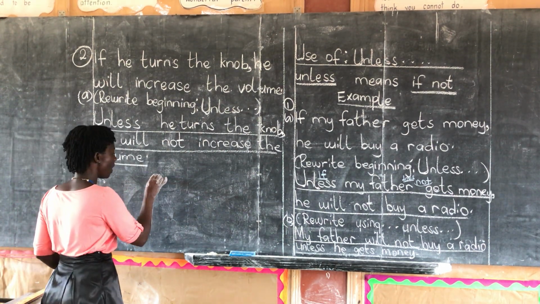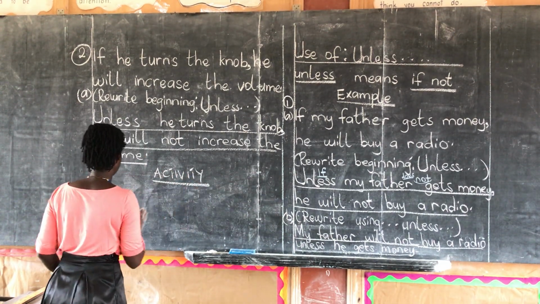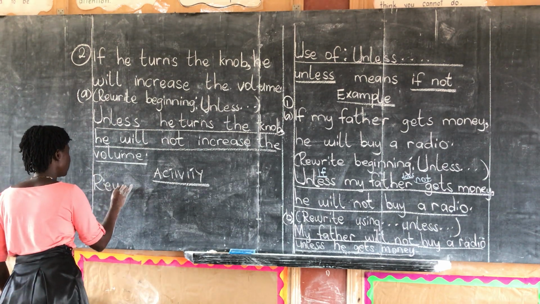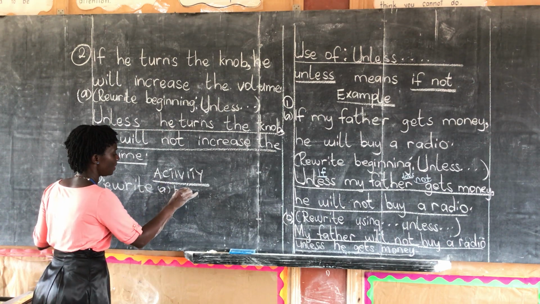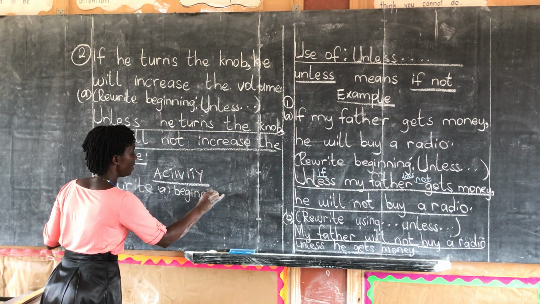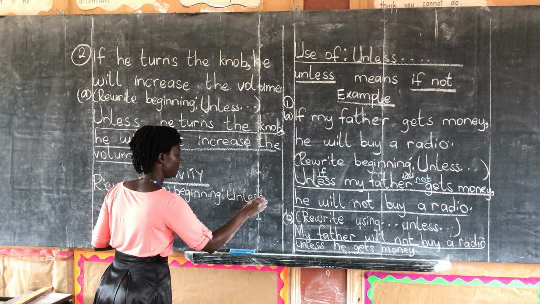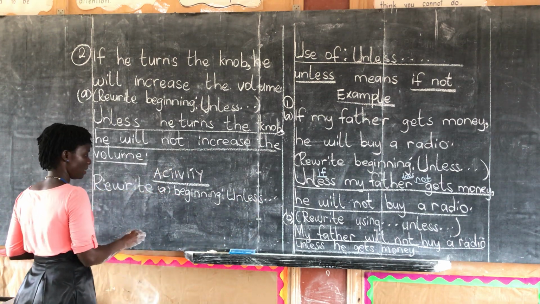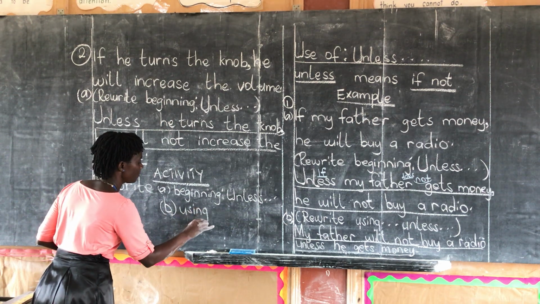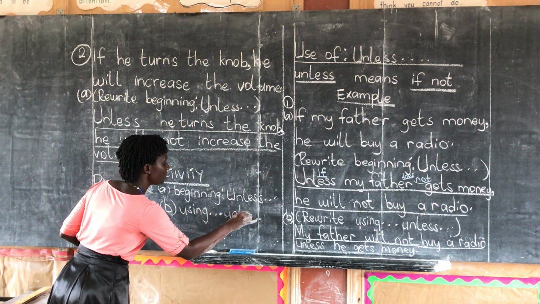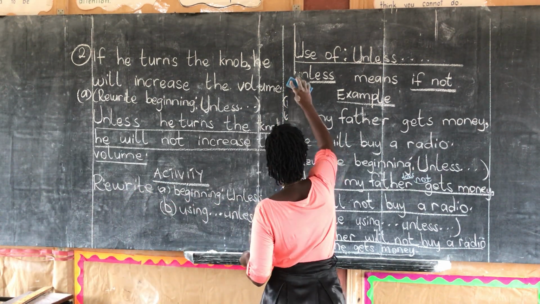Now, a simple activity still, where we are using unless. Rewrite in A beginning unless. In B, rewrite using unless. So what are you going to do, candidate? You're going to have two answers for each question.